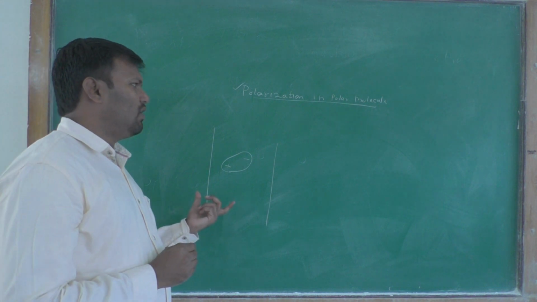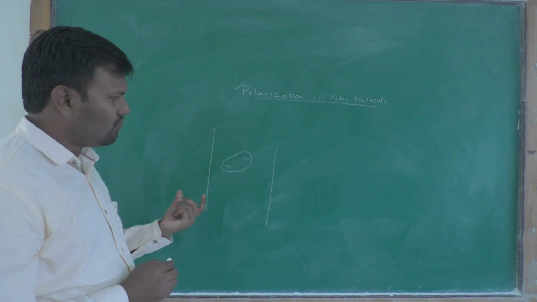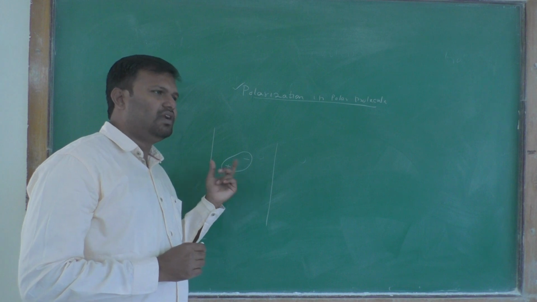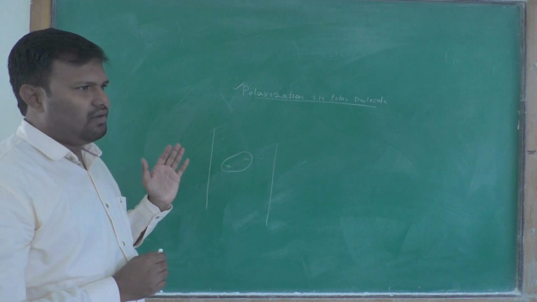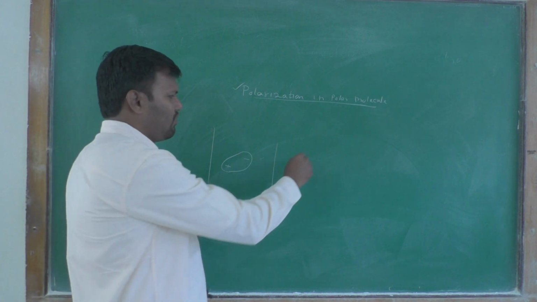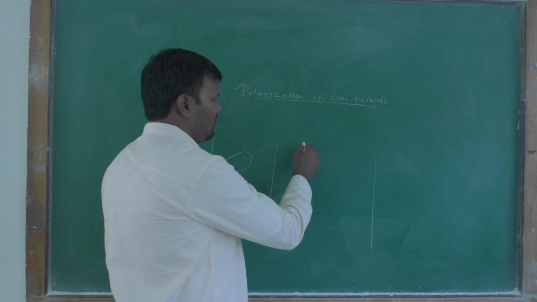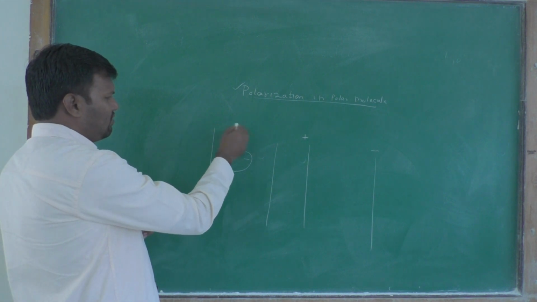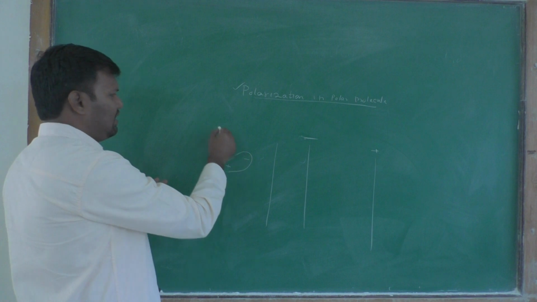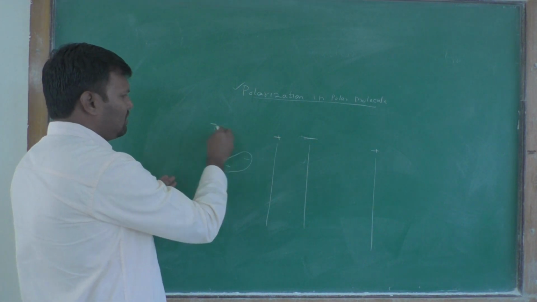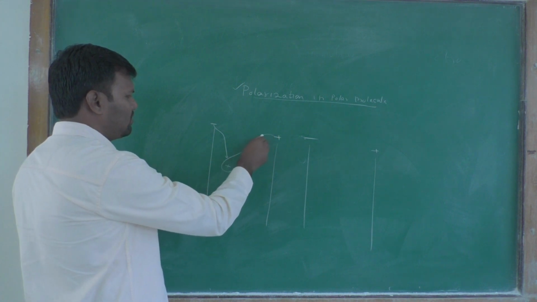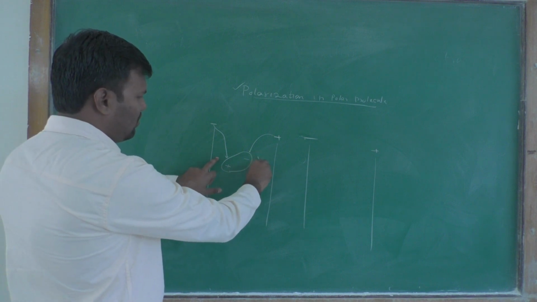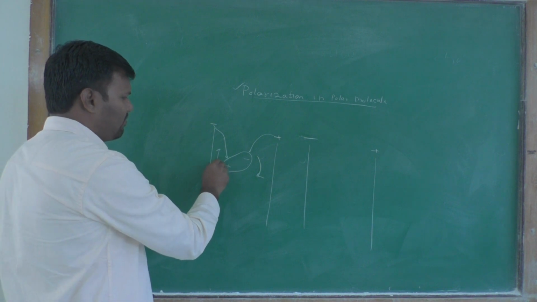Without applying the electric field, the polar molecules are randomly distributed, and when we apply the electric field, that electric field applies a torque and tries to orient the polar molecule towards the direction of the electric field.